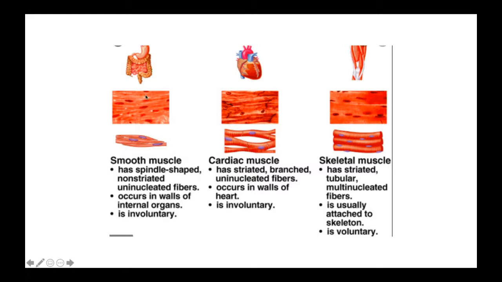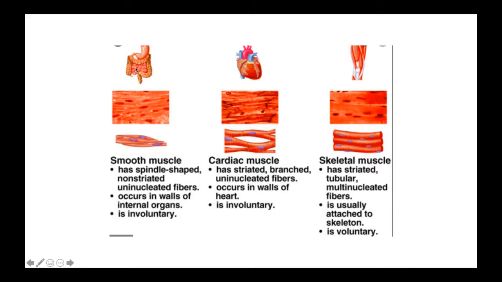Smooth muscle, all the way on the left-hand side, these are more spindle-shaped and they are non-striated, also uninucleated. And these are found in the walls of internal organs.